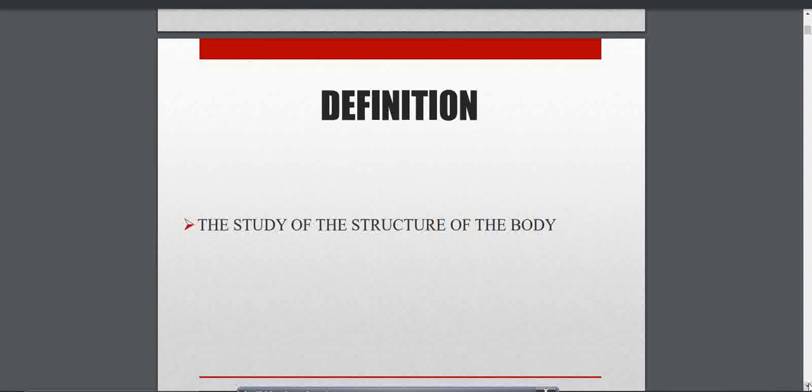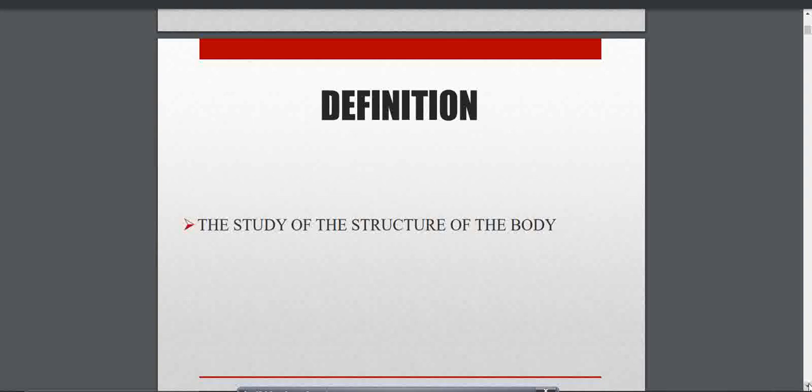So what composed human? The entity that is things to do with the structural basis, be it bone, blood, be it tissues, be it cells, that is what we call anatomy. So the study of this structure of the body is what we call anatomy.